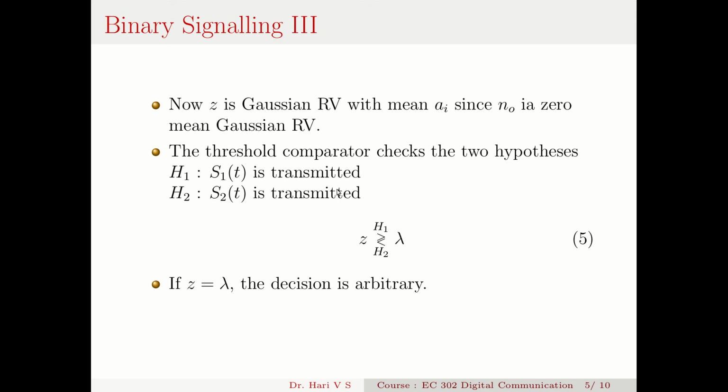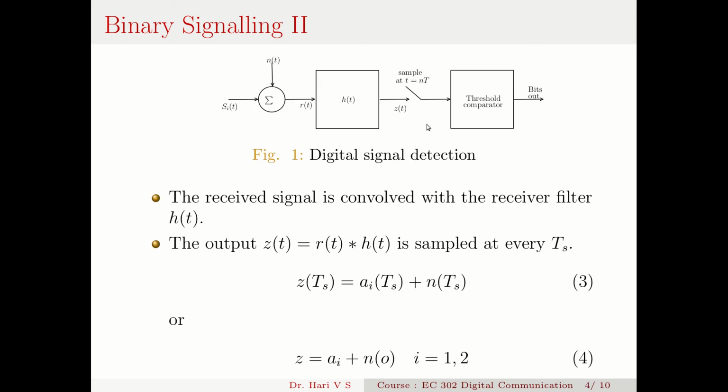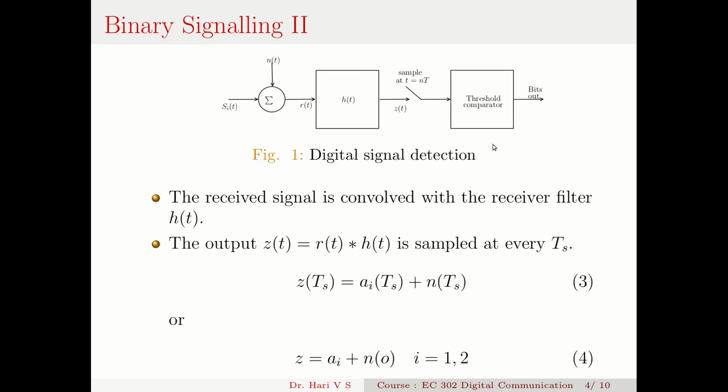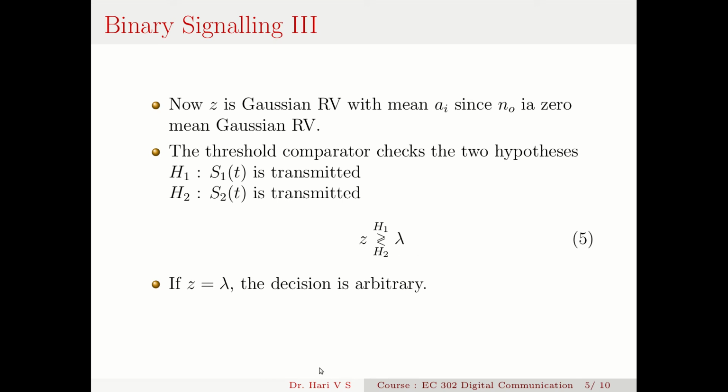The noise n(t) is assumed to be zero mean Gaussian noise, so z is ai plus n0, and z has a mean ai since n0 is a zero mean Gaussian random variable.